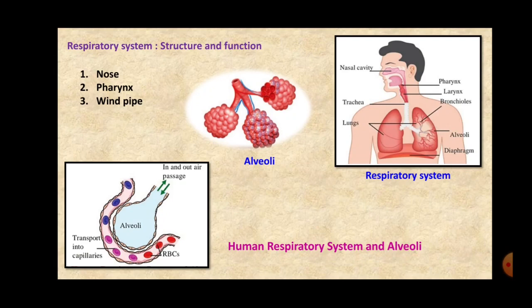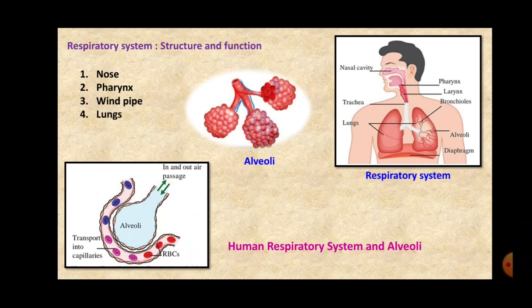We have two lungs on both the sides, or you can say two lobes of lungs present on both the sides. So the trachea divides into two bronchi which goes inside the lungs. One branch enters into the right lung and the other branch enters into the left lung. So this is the third organ which is called windpipe.